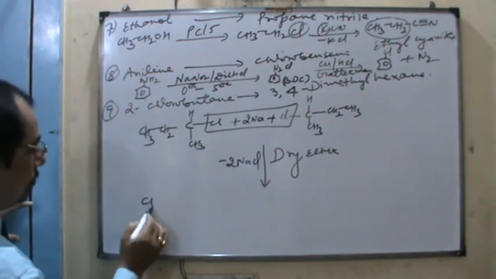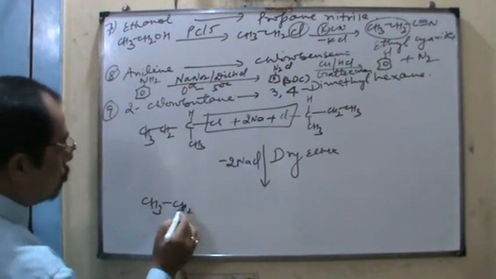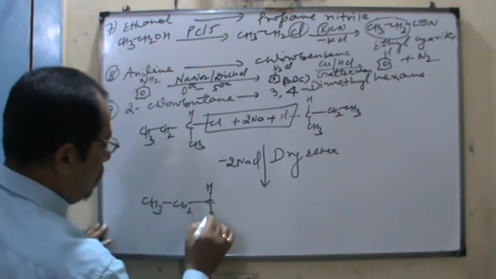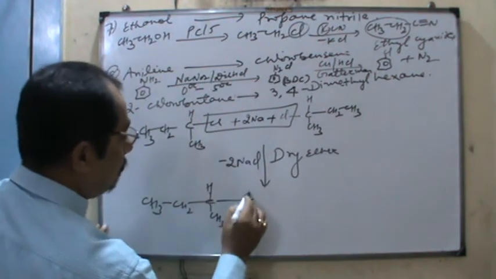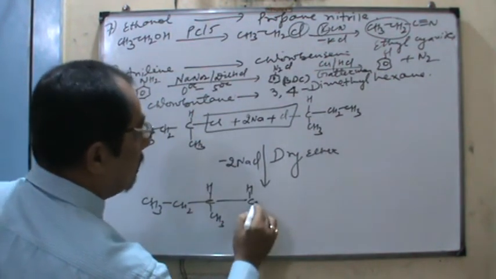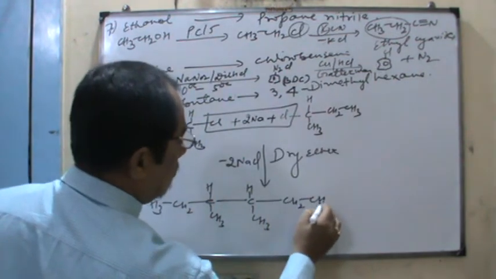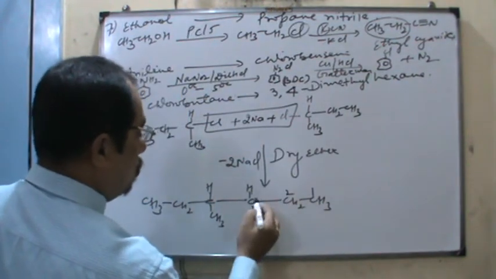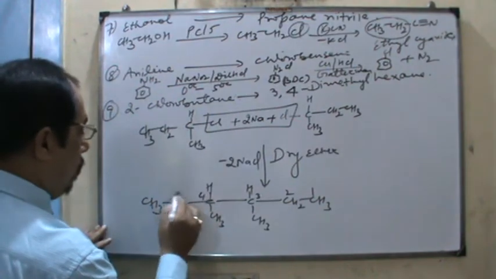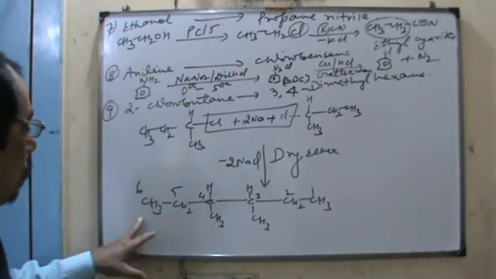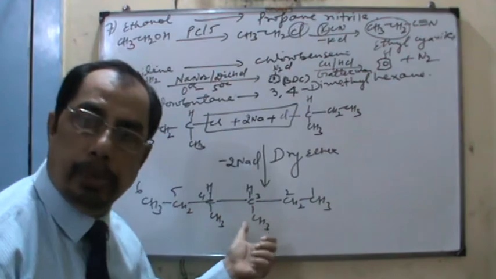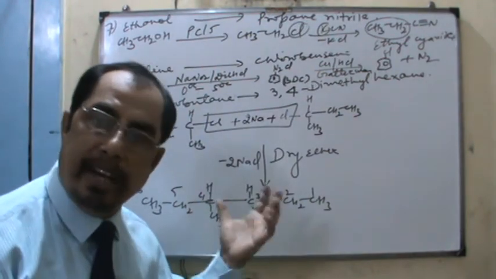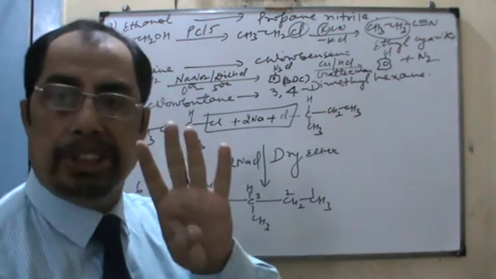Then you take these 2 in one, CH, CH3, CH2. This is 1, 2, 3, 4, 5 and 6. Either you can take 1, 2, 3 or you can take 1, 2, 3 because the substitutions are at the same point and the longest chain gives 6 carbon hexane.